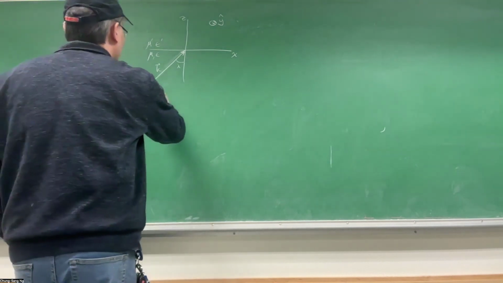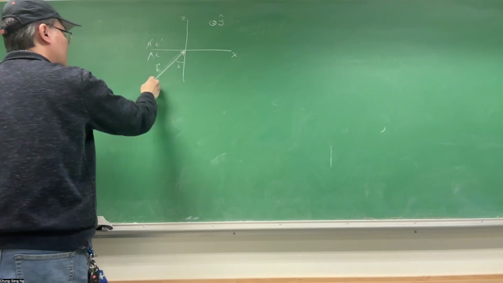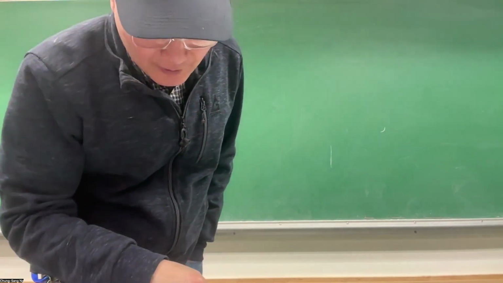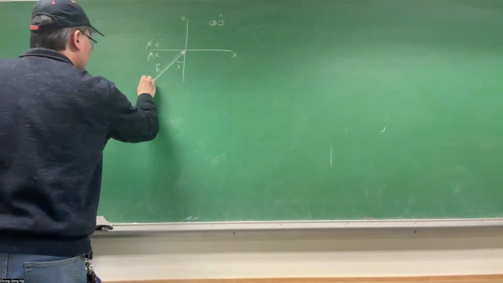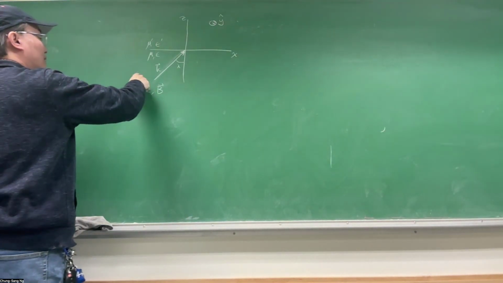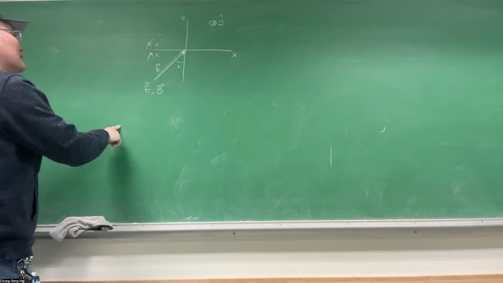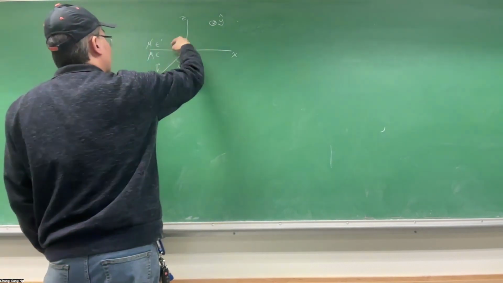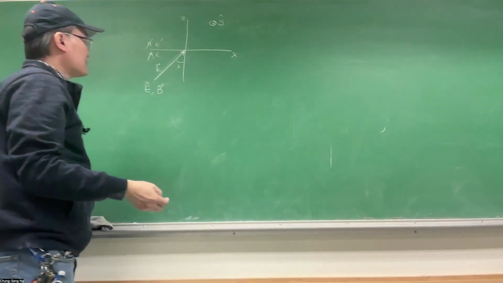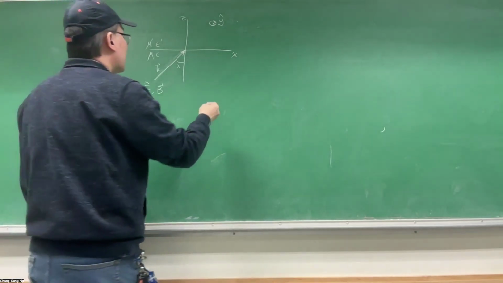Now this wave has an electric field and magnetic field, whose directions we will specify later. For now, it's just saying that you have an E and B, the original E and B, of this incident plane wave with wave vector k. Then after you get into the interface and go into the other medium, generally the wave vector will change, and the electric and magnetic fields will all change.